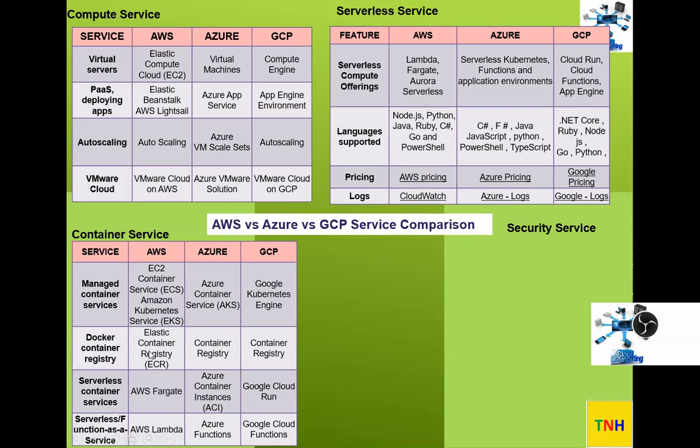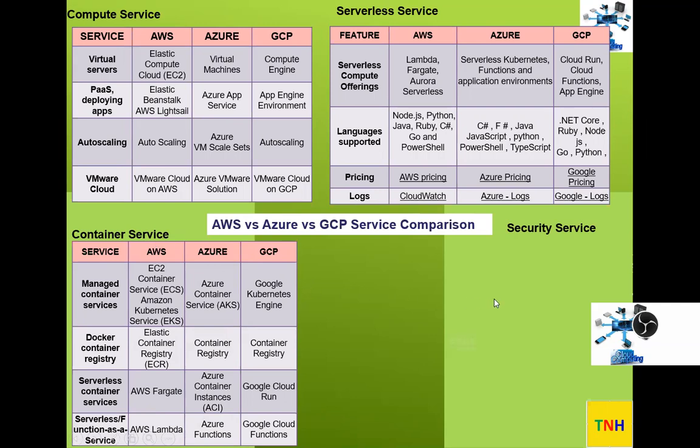AWS has Elastic Container Registry, ECR, Azure has Container Registry, and GCP also has Container Registry. Likewise, serverless function as a service also comes under containerization, because serverless functions use this containerization service. That's why it's listed there.